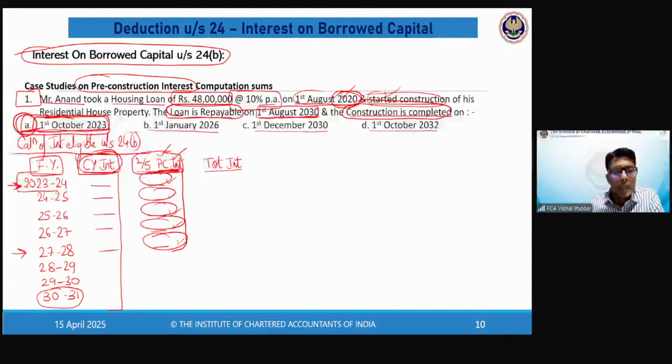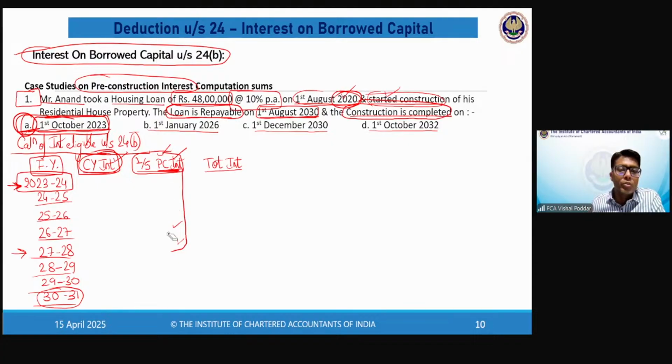So starting date, date of completion of construction. Then 5 years you have to write because up to 5 years you get pre-construction interest deduction. Then you will extend this date depending upon till when your loan is repayable, because till then you will have the current year interest as deduction. So in this case, 1A, this is the total number of years for which I will have my interest deduction.